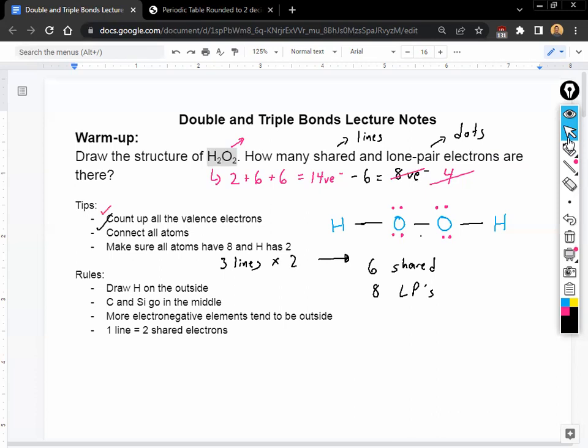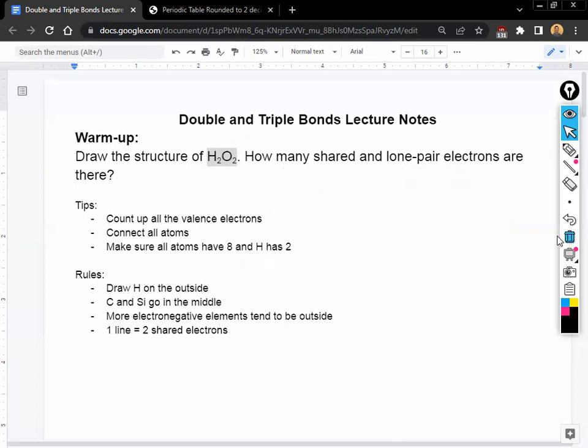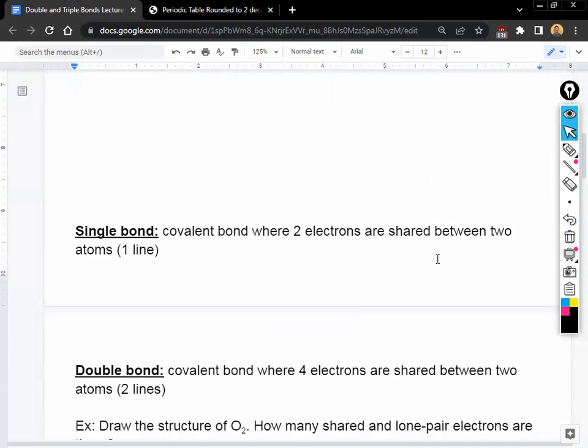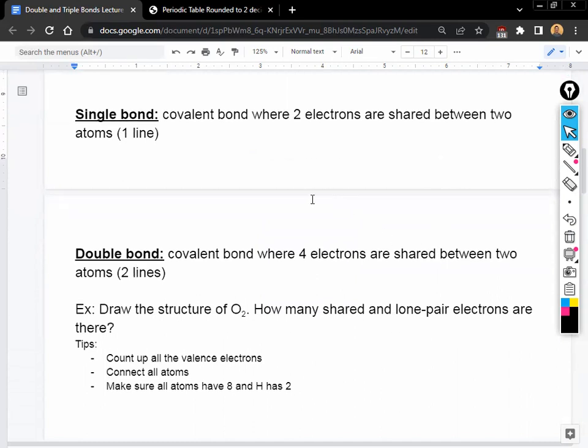Okay, let's move on to the new topic. If you guys notice, we've been talking about these lines and how they're 2 electrons, right? Now, a lot of times when you draw structures, we're going to be using different types of bonds. So when there are 2 electrons shared, basically when there's 1 line, we call that a single bond. So just write down the name single bond on your paper somewhere.